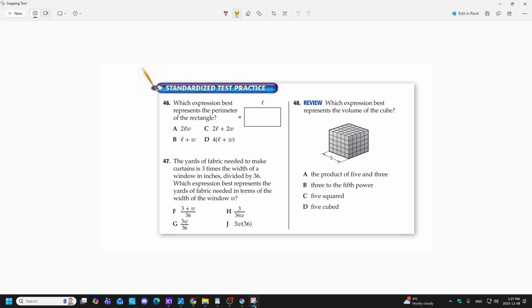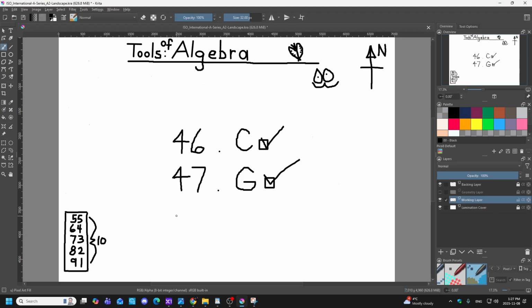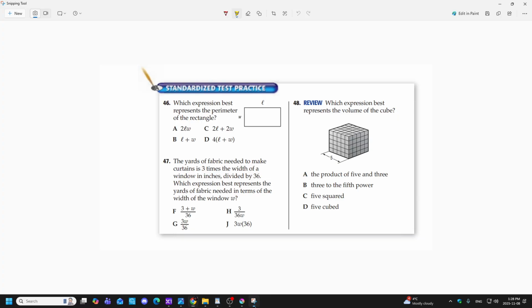Number 48. Whoops! I'm so silly. That was the wrong one. Recall that a cube is a three-dimensional shape. Good job, everyone.